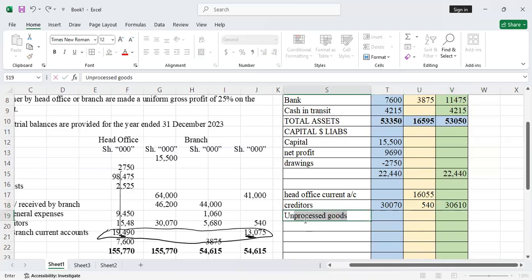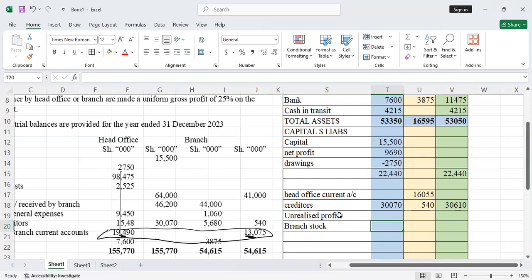And finally, unrealized profits. Unrealized profit is only a head office matter. Branch stock. If you could remember from the income statement, the closing stock of the branch had some unrealized profits.